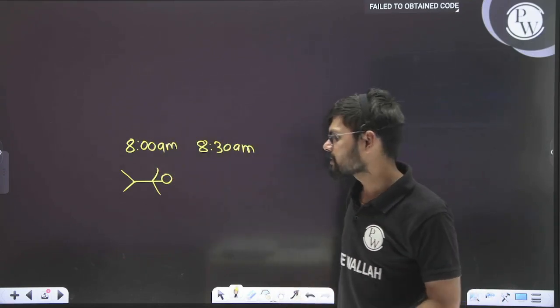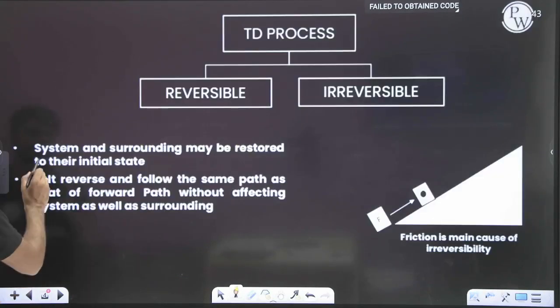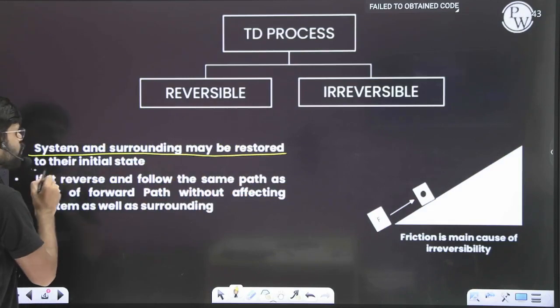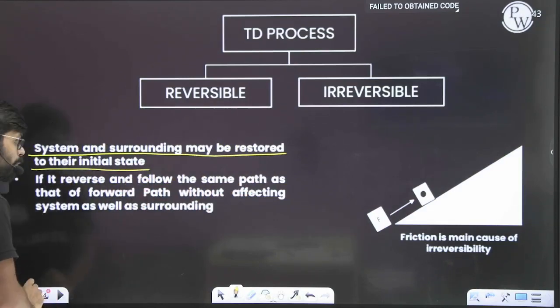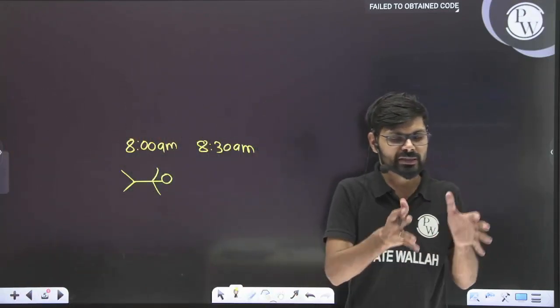Now system and surrounding, here see the definition I wrote. Right here I clearly mentioned that system and surrounding may be restored to their initial state. Both the system as well as the surrounding. Now system plus surrounding is the universe.